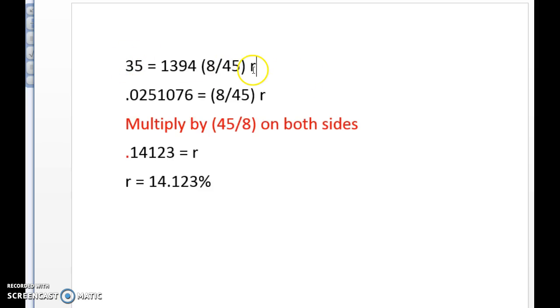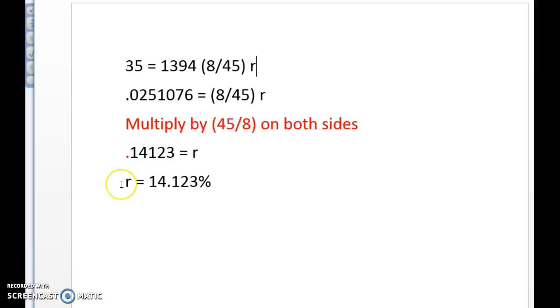So we have our formula. If we divide both sides by 1394, we'll get to this line. And then R is multiplied by this, so we could divide both sides by this to get R by itself. Remember, when you divide by a fraction, you're really multiplying by the reciprocal. So if you multiply by this on both sides, you'll get just R by itself, and you'll get this value over here.